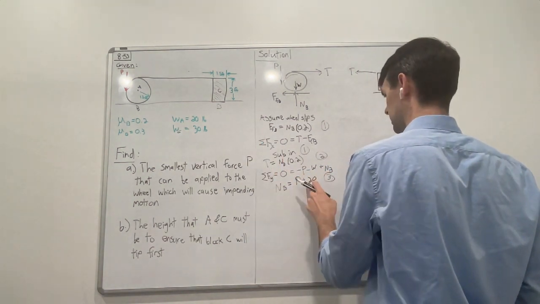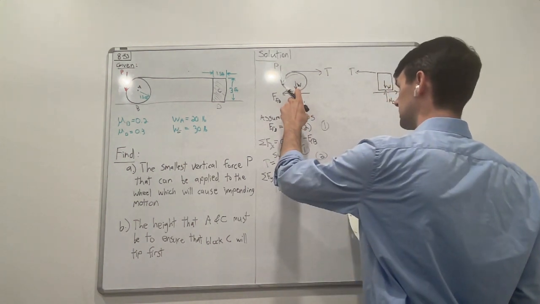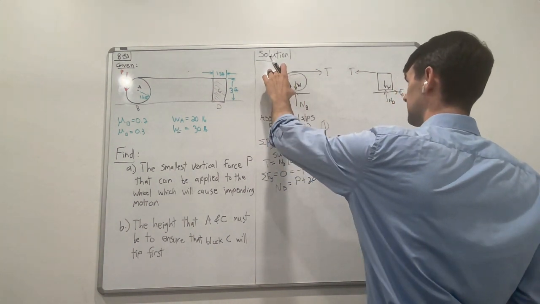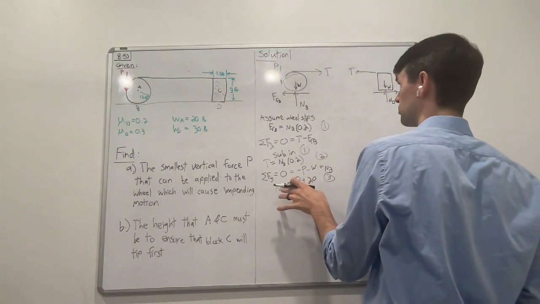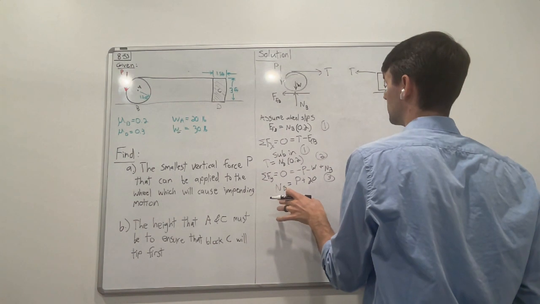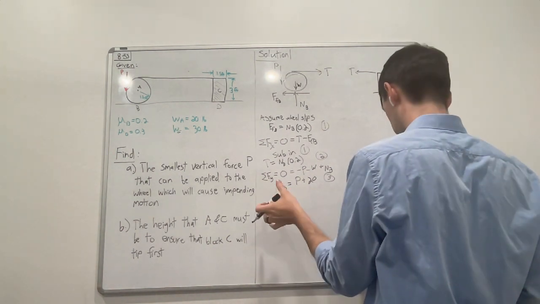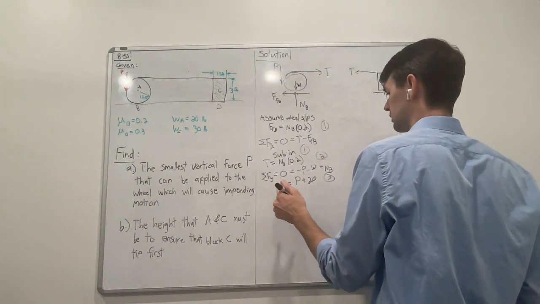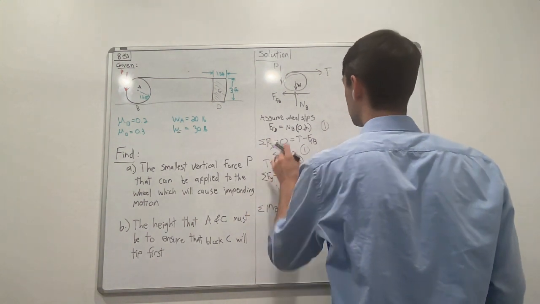Now what I need to find is P, so I need an equation where I can get P. I'm going to take the sum of the moments about point B. Point B is nice.